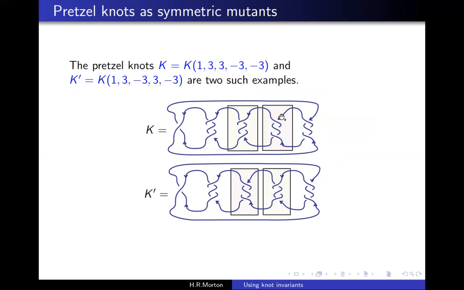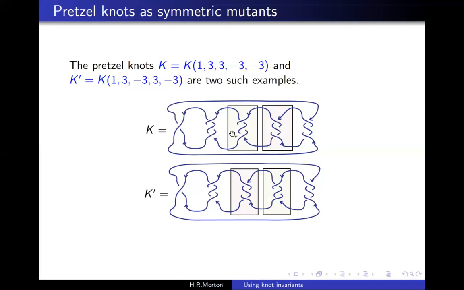And of course, what's in this box is invariant under rotation about the horizontal axis. So if these are invariant under rotation about the horizontal axis, which would be true for any pretzel knot, then you can swap the order of boxes at will.